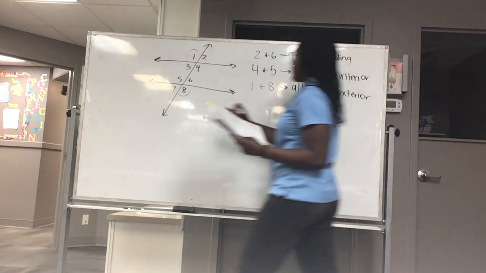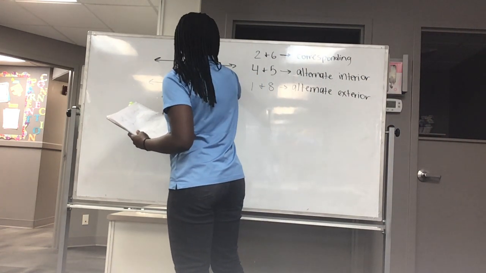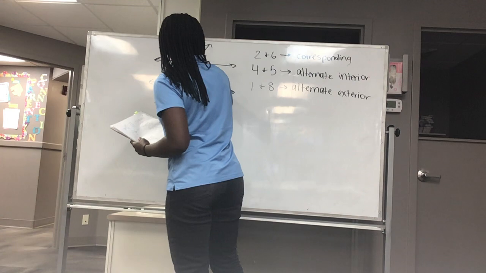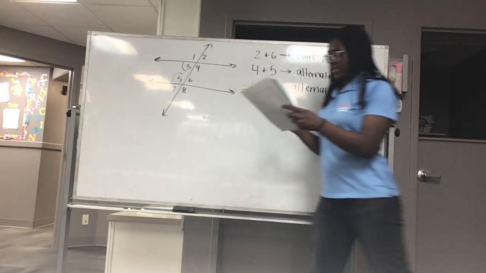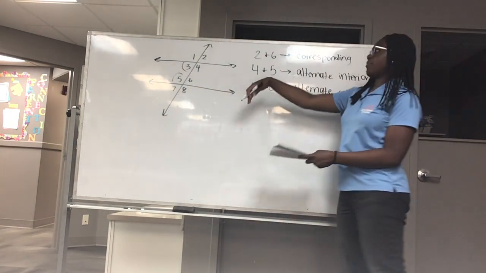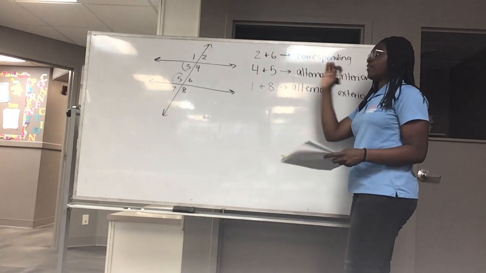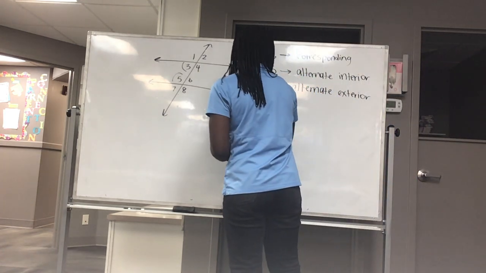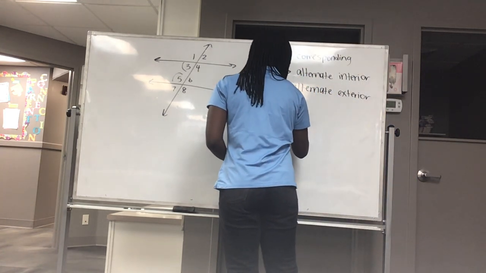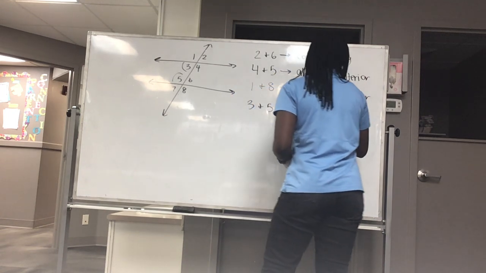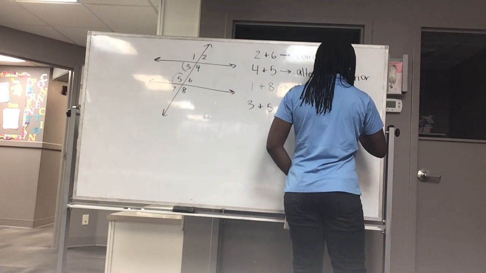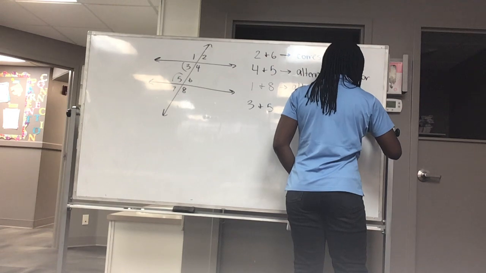The last thing I'm going to mention is something called consecutive interior, and that would be angles 3 and 5 or angles 4 and 6. So consecutive interior.